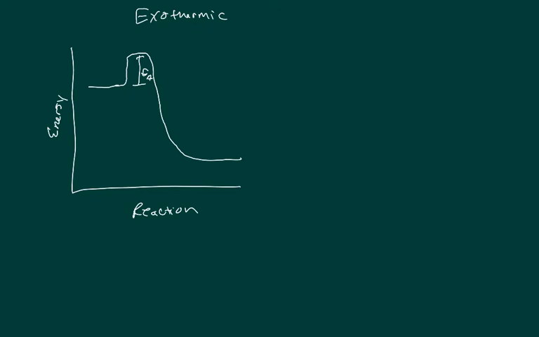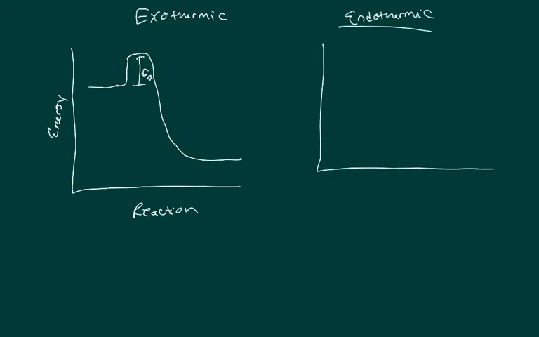We have other reactions, on the other hand, that are endothermic. And endothermic reactions actually absorb energy from their environment. So on our graph, they actually start with a low energy state, but then they start to absorb energy from the environment and they react.